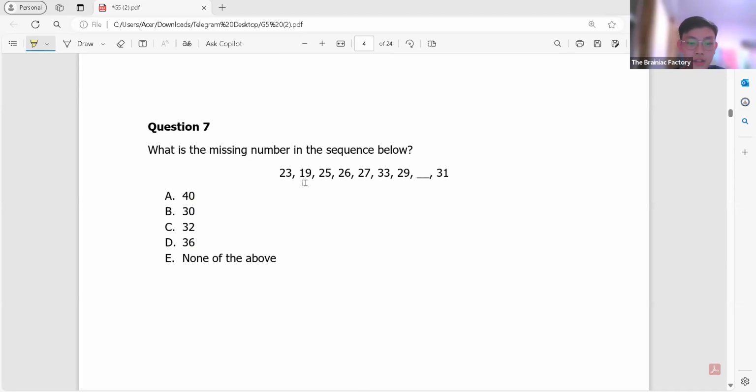We have 23, 19, 25, 26, 27, 33, 29, blank, and then 31. So in this question, I think we can try the pattern. We'll try to find the pattern of this sequence. So yeah, here you go. You have 30 seconds. Okay, so we'll be back after 30 seconds.